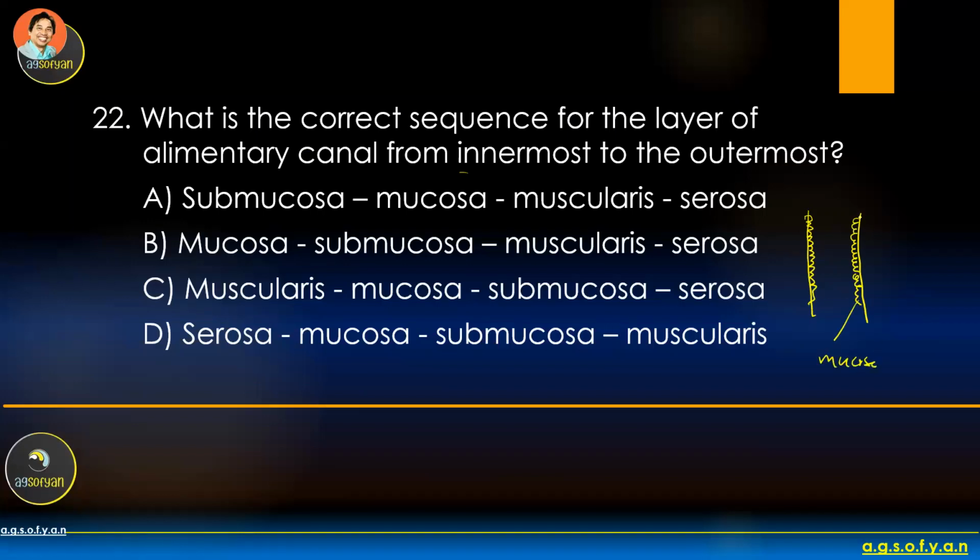After that, there is a layer called the submucosa. And then after that, there is a layer of smooth muscle, called the muscularis.